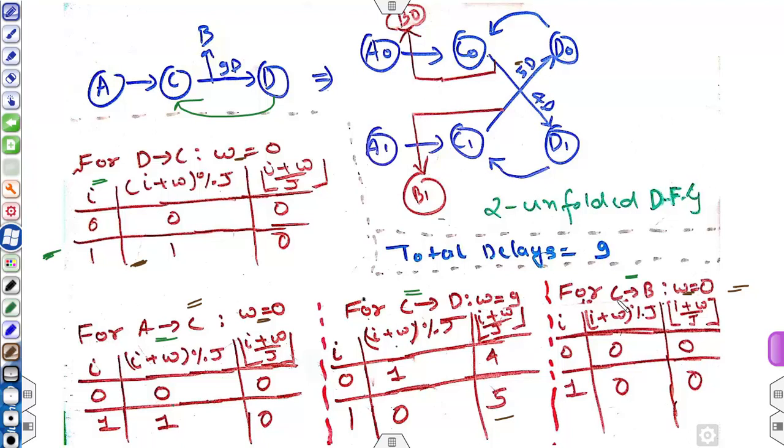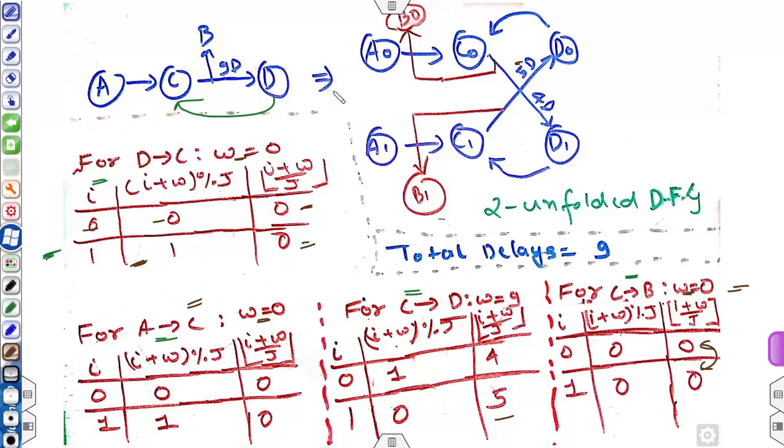For C to B, C0 will be connected to B0, and C1 is connected to B1, and the weight of both the edges is again 0. And for D to C, D0 is connected to C0, and D1 is connected to C1 with weight 0.